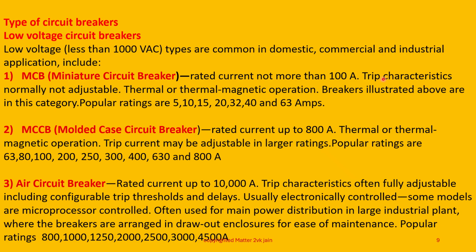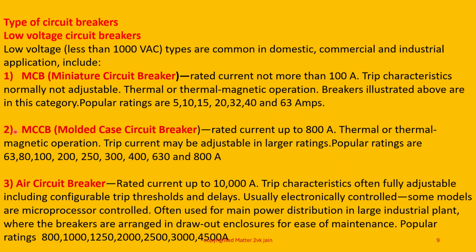Trip characteristic normally not adjustable. These may be thermal or thermal magnetic or hydraulic in operation. Breakers illustrated above are in this category. Popular rating are 5, 10, 15, 20, 32, 40, 63 and exceptionally 80 amps.